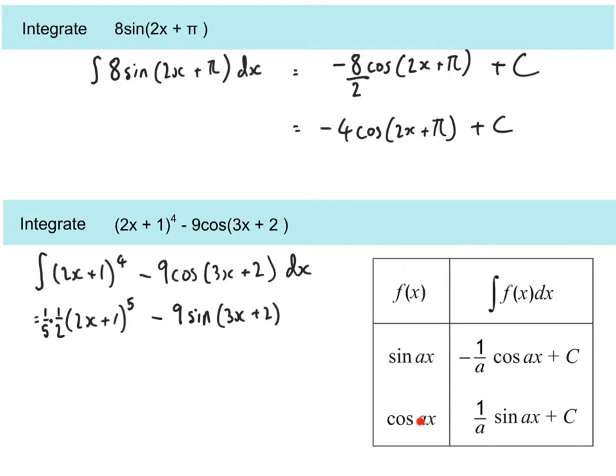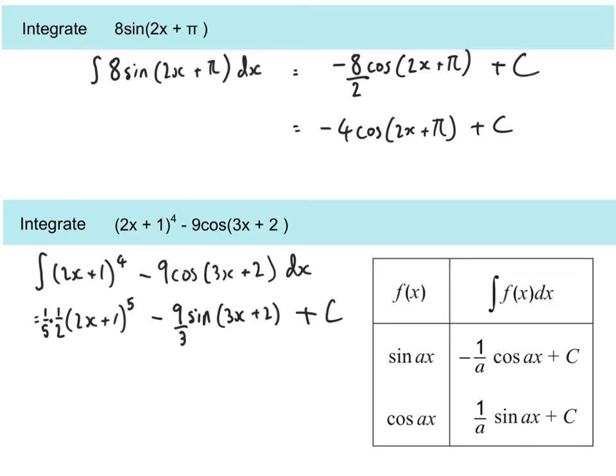However, this is showing me if I've got a coefficient in front of the x, or whatever the variable is I'm integrating with respect to, I need to divide by that coefficient. So here I need to divide this thing by 3. So I'm just going to put the 9 over 3. Plus c, so this is the constant for both of these bits here.